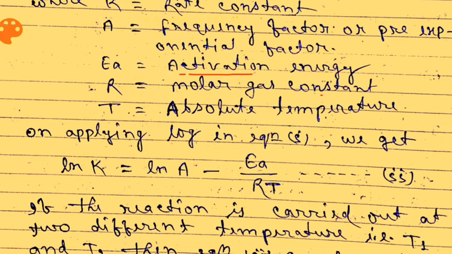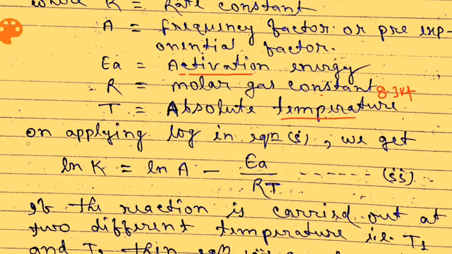Its value is what? That you have read, 8.314 joule per Kelvin per mole. T, it is the absolute temperature, means temperature in degree Celsius plus 273.